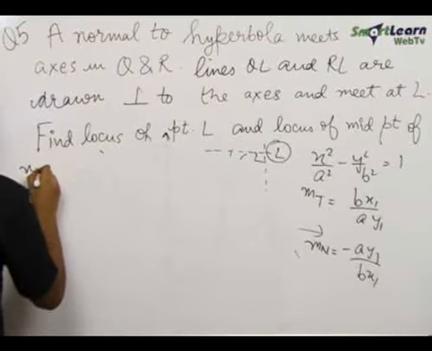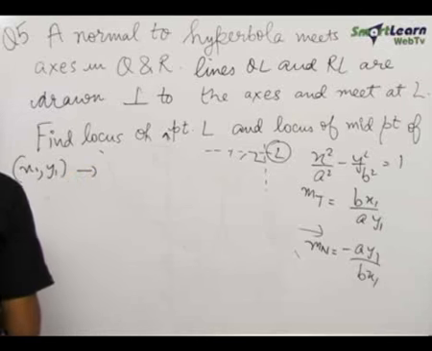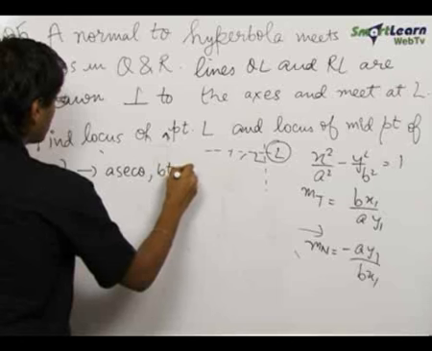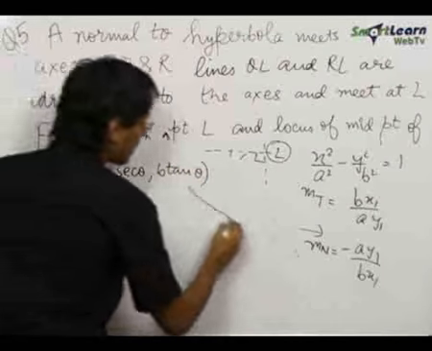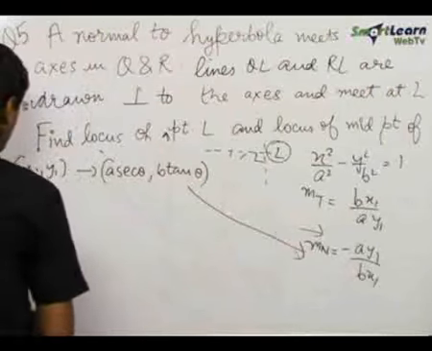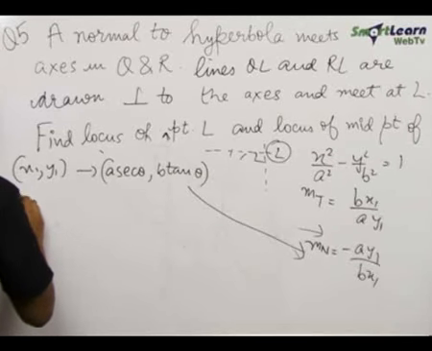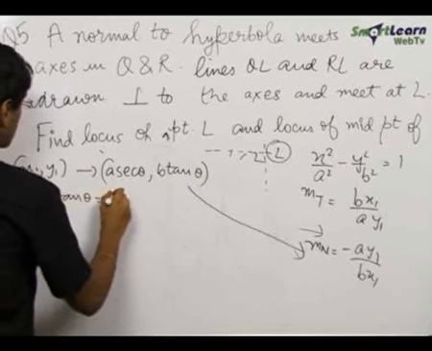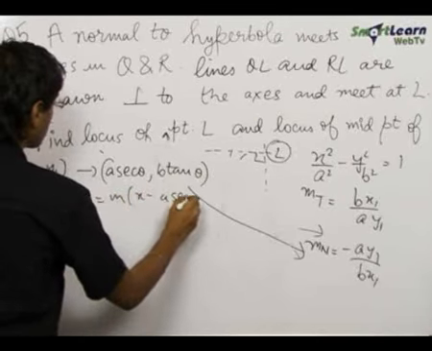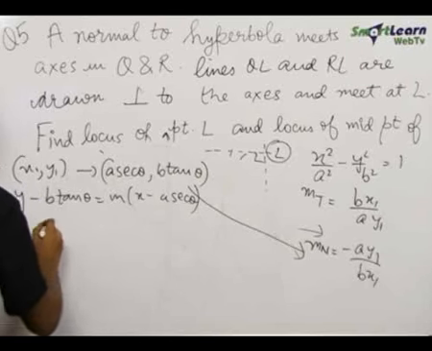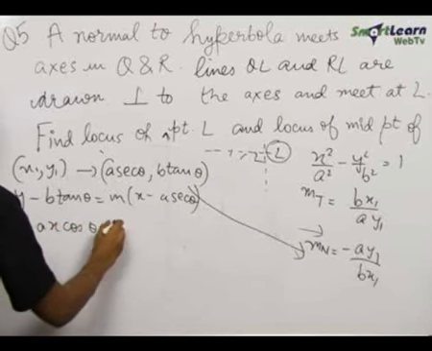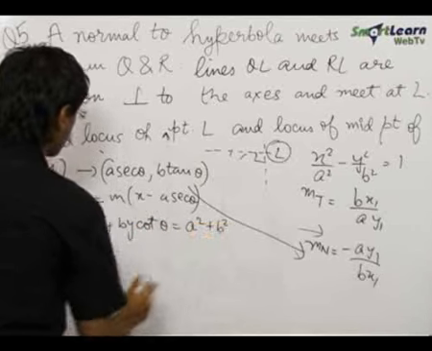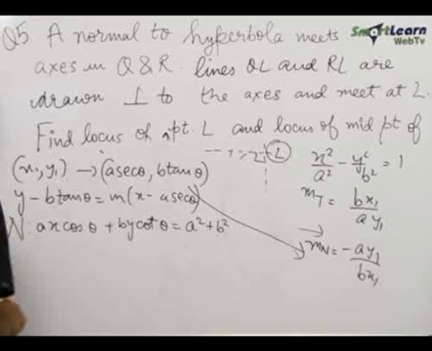If we take x1 comma y1 to be the point a sec theta comma b tan theta and substitute it, then we can get the slope of the normal in terms of theta, and hence we can write the equation of the normal as y minus b tan theta is equal to slope times x minus a sec theta, which can be simplified to get ax cos theta plus by cot theta is equal to a square plus b square. This is the equation of the normal.